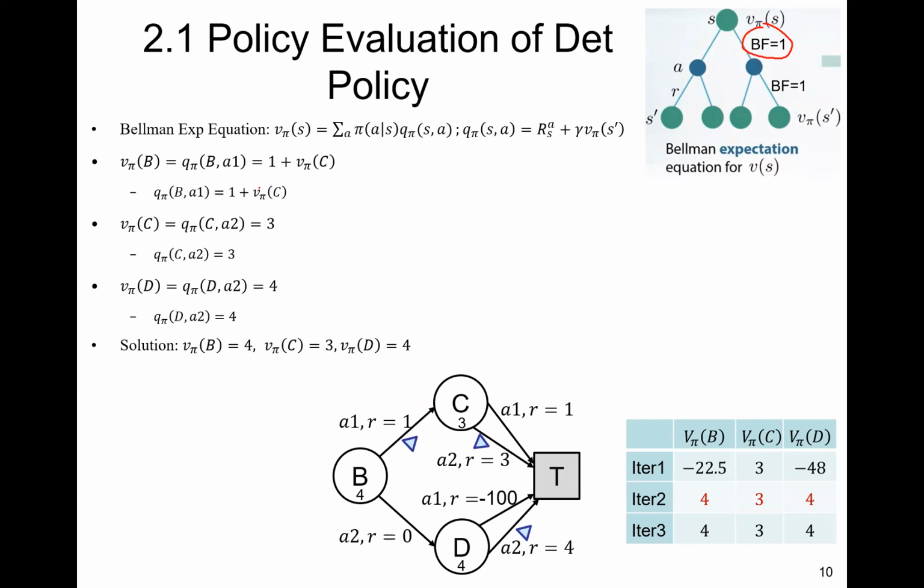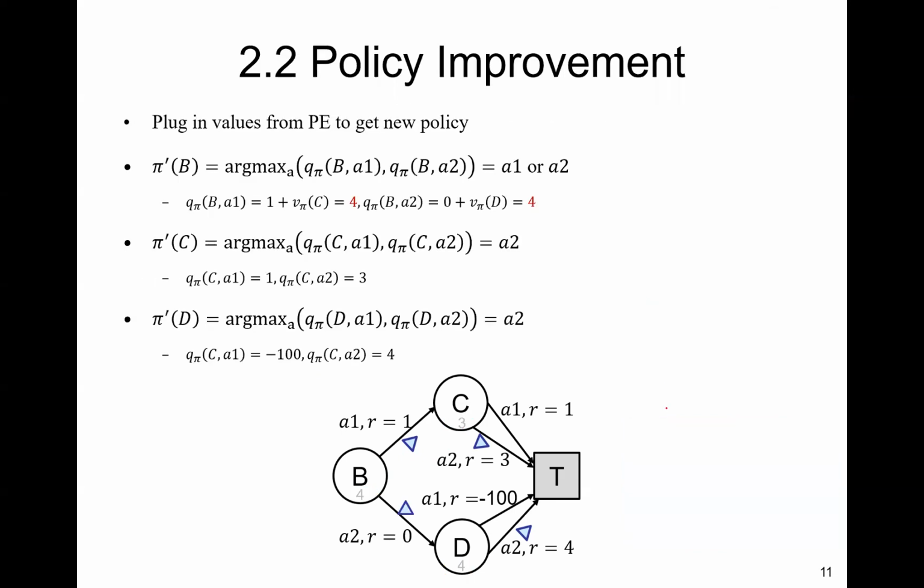And you solve the equations to get the new value functions. So policy improvement. Here the old values are shown in gray, indicating that they may not be valid anymore.